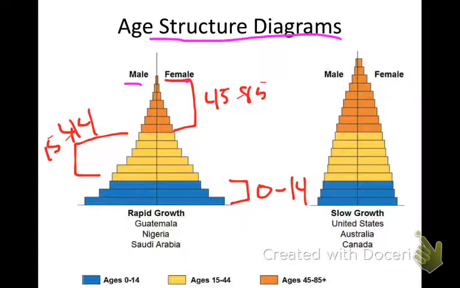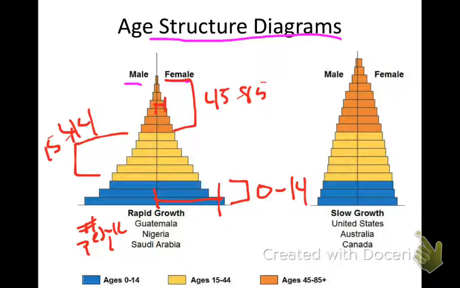Now, what is your y-axis is age, and your x-axis in these age structure diagrams is essentially the number of people. Okay, and so the wider it is, like wider down here, means more people, and skinnier up here means fewer people at that age range.